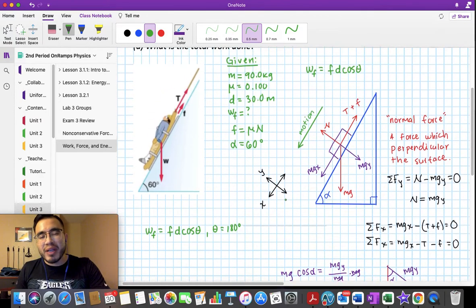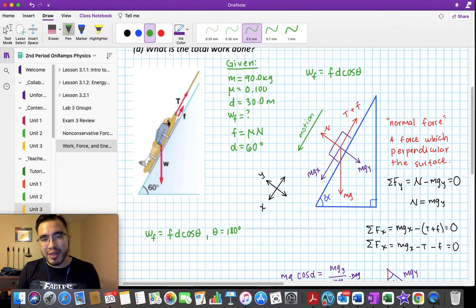And whenever you have an inclined plane, at least for our class, we use an inclined plane usually to maximize the work. And we said that we would maximize the work when the angle theta was 0. In this case, it's 180 because they have opposite directions. Normally, we had a force acting along the same direction as the motion, and this one is opposite.